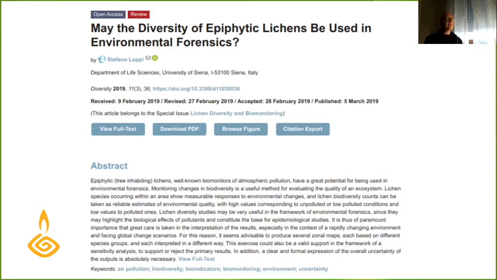And this is very important. Now in Italy there are forensic cases based on lichens. This is very important for the development of biomonitoring studies.